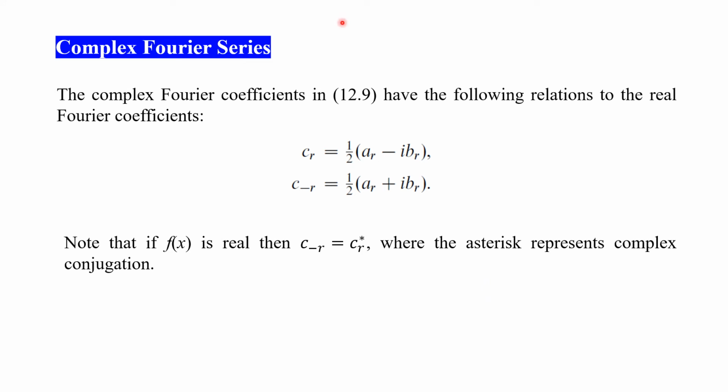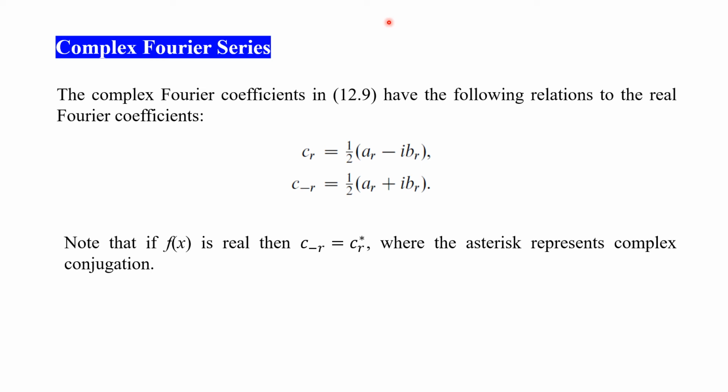The complex Fourier coefficients in 12.9 have the following relations with the real Fourier coefficients. Your c sub r is equal to 1/2 times a_r minus i b_r, and your c sub minus r is equal to 1/2 a_r plus i b_r.